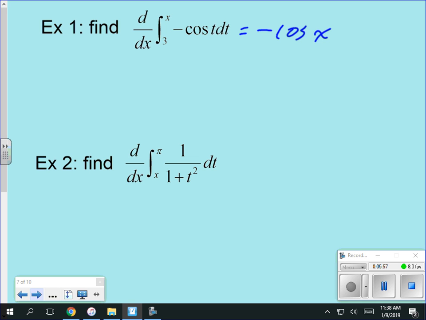Replace t with x. That's it. There's a nice proof of this, but the proof actually requires the fundamental theorem of calculus part 2, and I'm not going to go there. But that's what you do. You just plug in the upper bound. Plug in x.